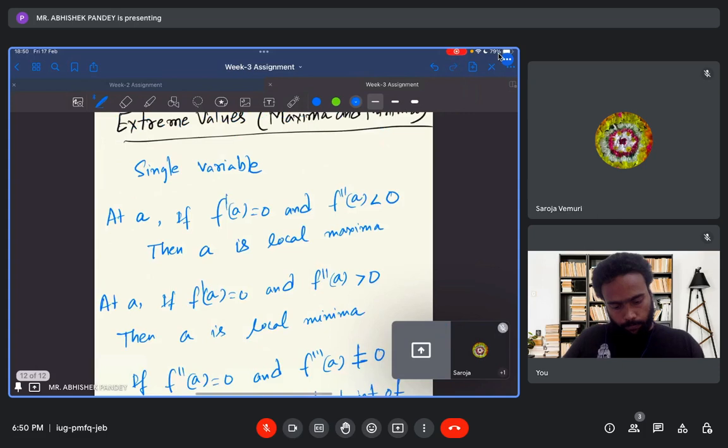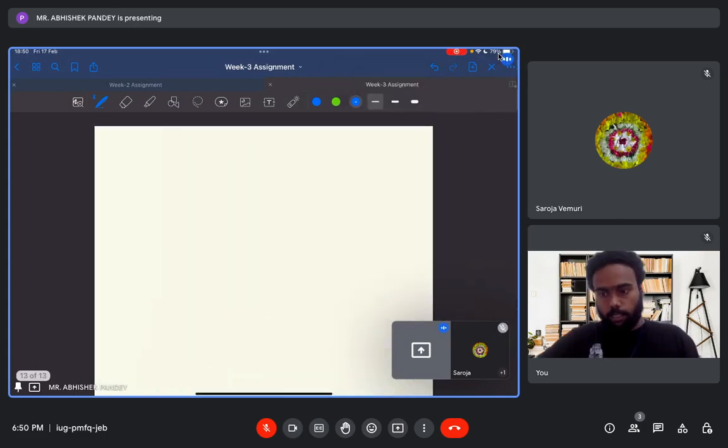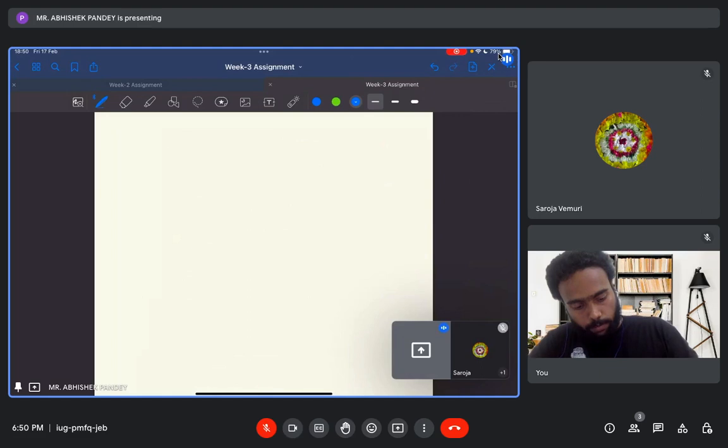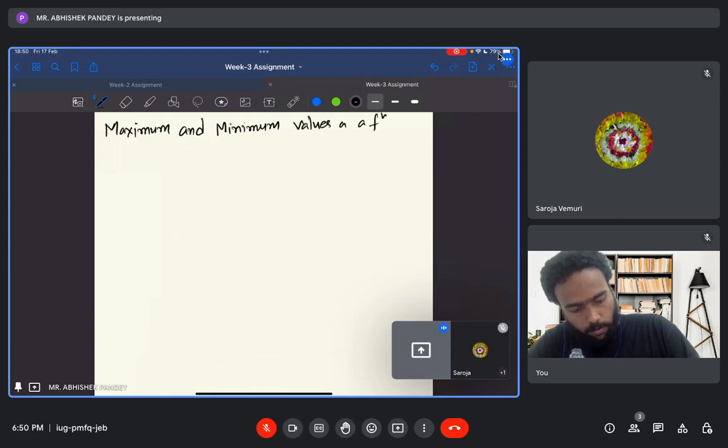Okay, so we will see all these things in the several variable case, mostly the two variable case: maximum and minimum values of a function of two variables.